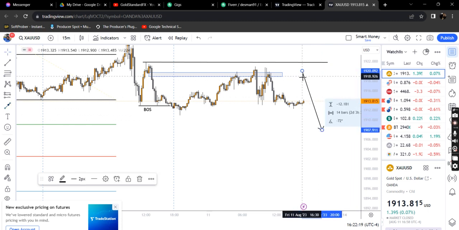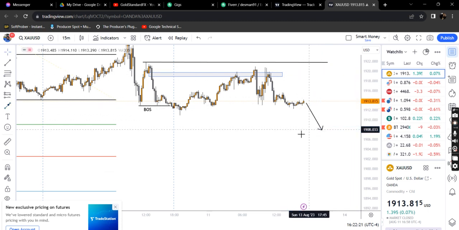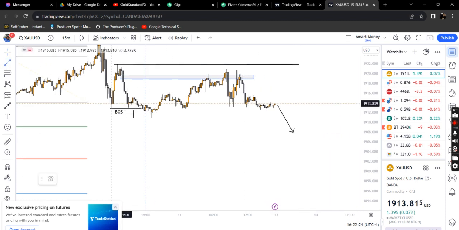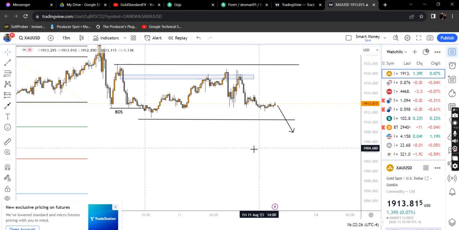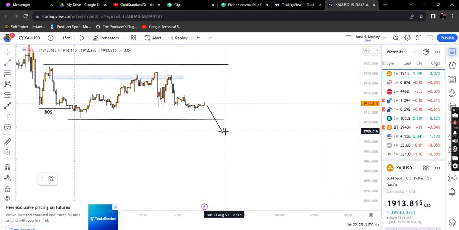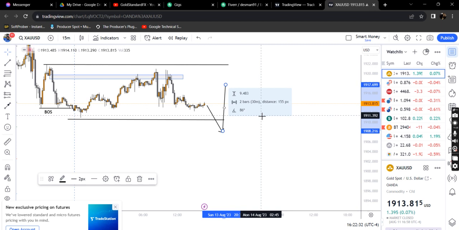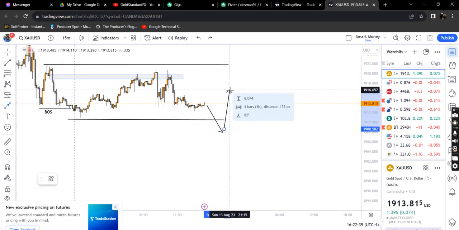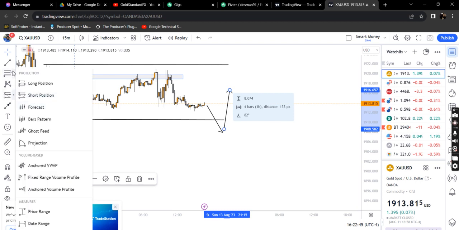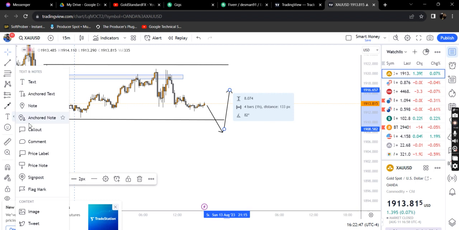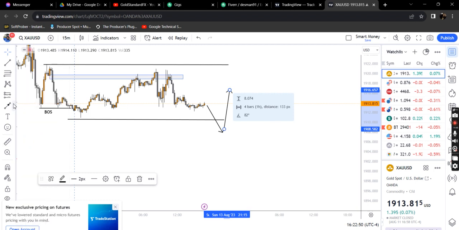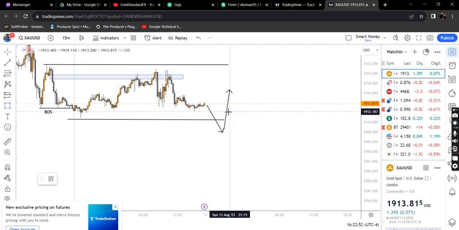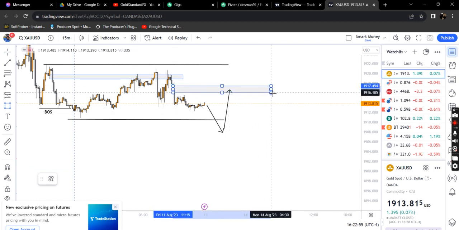I want to see it continue down to break this low, then possibly continue up, retrace up into this fair value gap, so we can get price to do something of that nature around here.